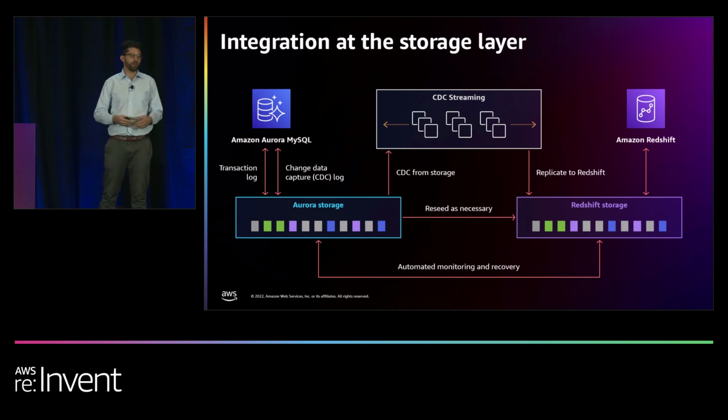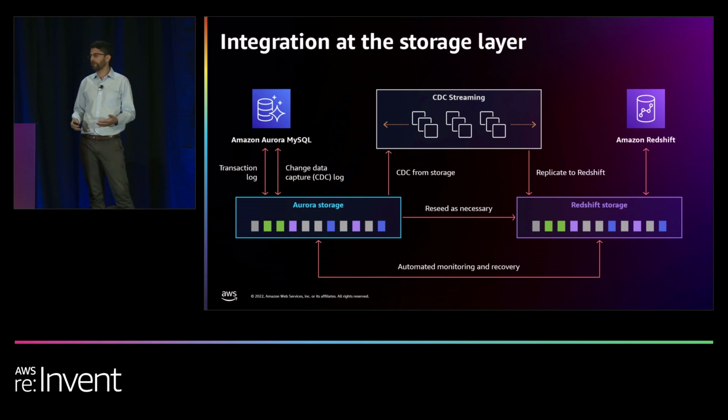And this is using a specialized fleet of streaming servers. And throughout all of this, we're monitoring to ensure that we're meeting performance benchmarks and latency requirements of the system. If something falls behind, we can reseed the data as necessary.